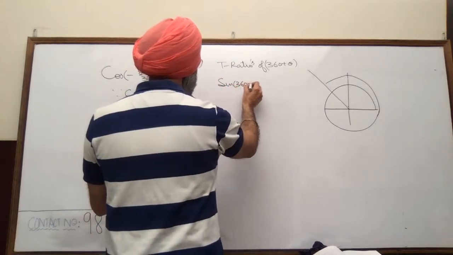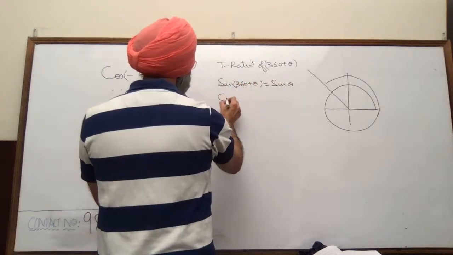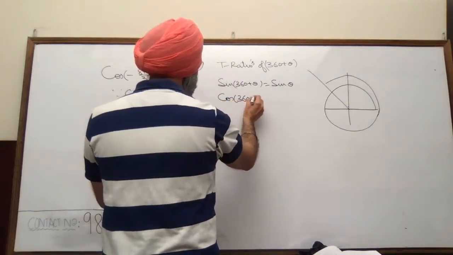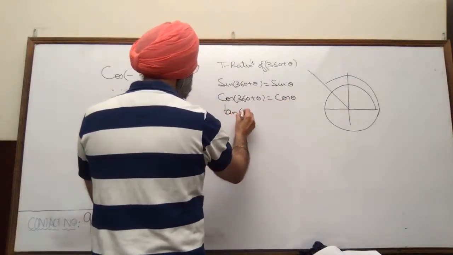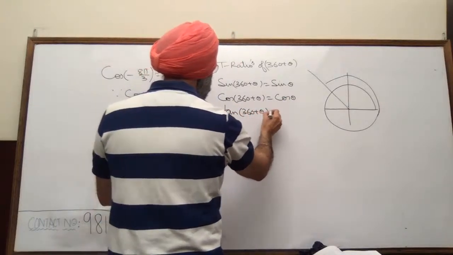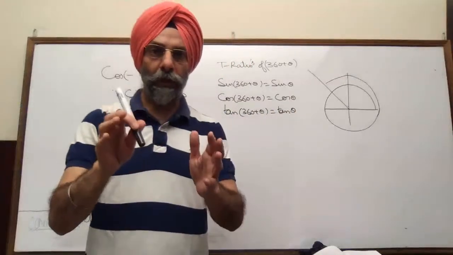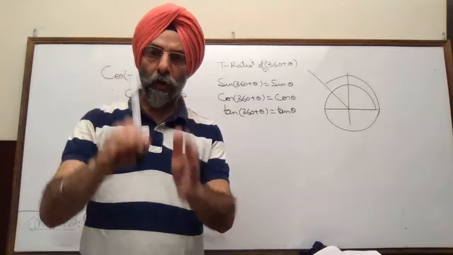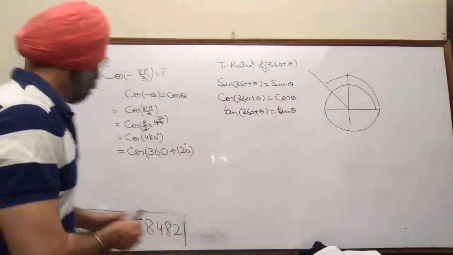That sine 360 plus theta will be sine theta. Cos 360 plus theta is cos theta. Tan 360 plus theta is tan theta, and so on. That means because we always take theta to be acute angle, it will fall in the first quadrant. In the first quadrant, all are positive.